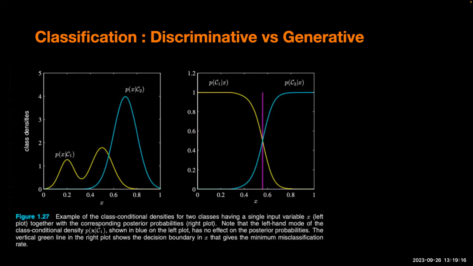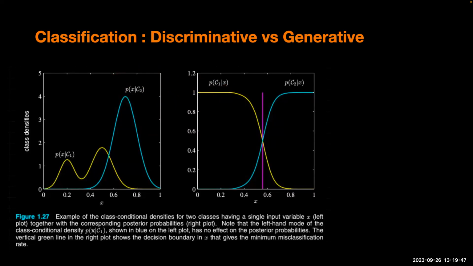But it's much more difficult if I want to learn the language, which is the generative model, right? If I say I want to study p(c_k|x), I'm just saying that I want to know the boundary between all the sentences. But if I want to study the generative model, meaning that given that I want to speak German, I want to come up with a sentence, then essentially I am learning to speak the whole language.